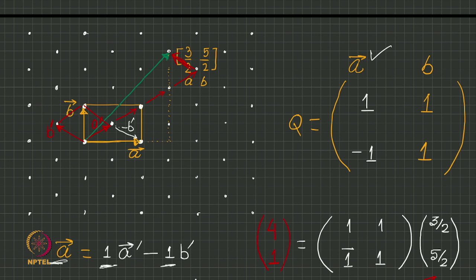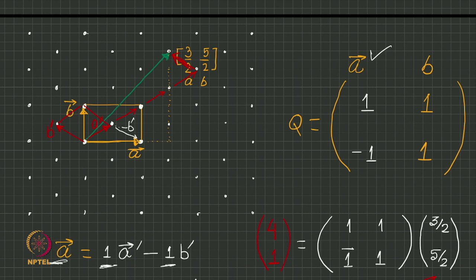If you keep this in mind, that the columns are the transformed coordinates of the old vectors, all you have to do is pick up one by one. You do not have to worry about transformation of all the space or all the vectors in one go.